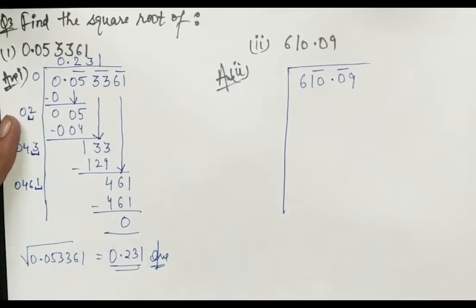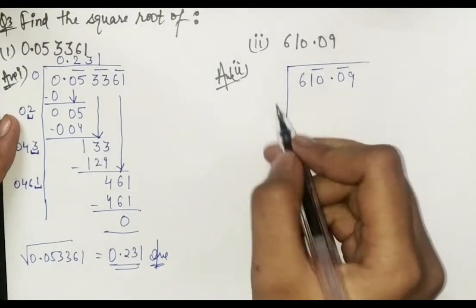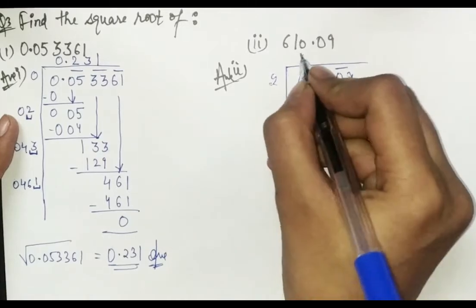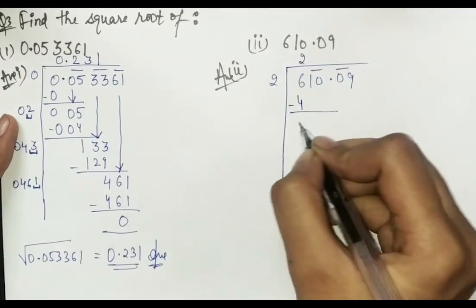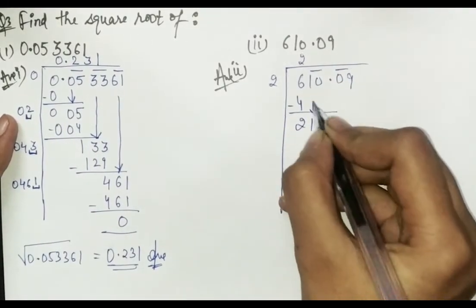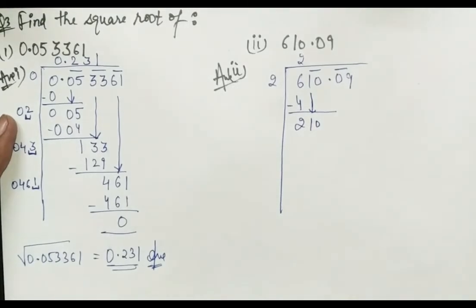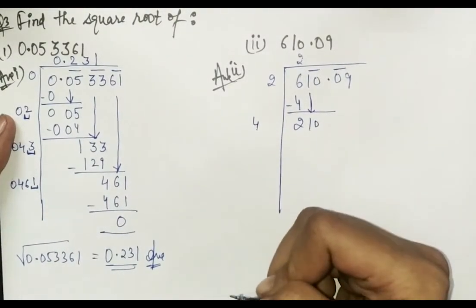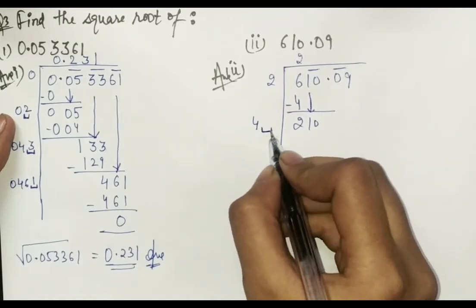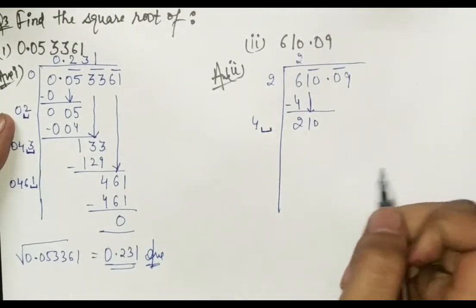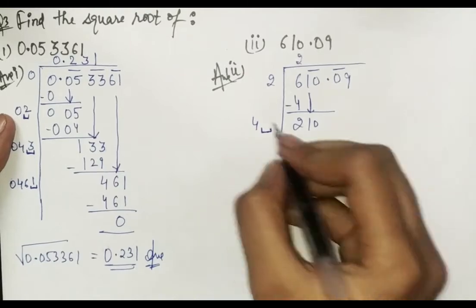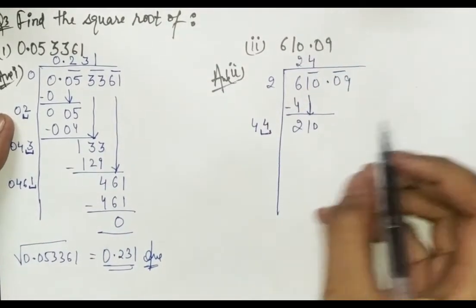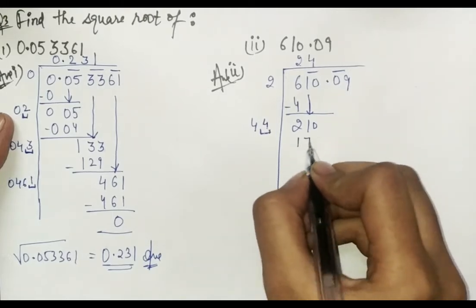So first pair, now you all know that 6 is not the square of any number, so we will be writing 2 into 2, that is 4, that is 210. So now we want the double of 2, that is 4, and one number more, so that this will be completely divisible or smaller than this number. So that will be 44. So 44, we will be writing 4 here also, and the answer will be 176.